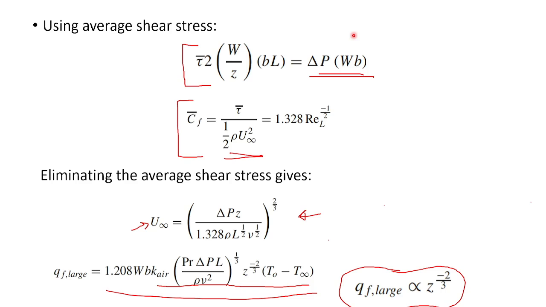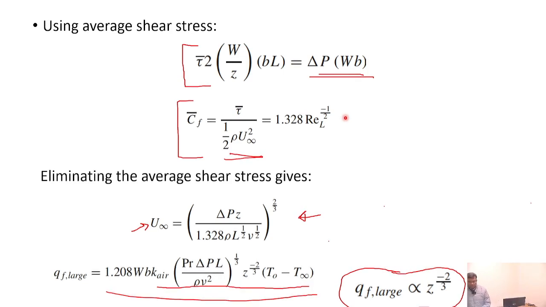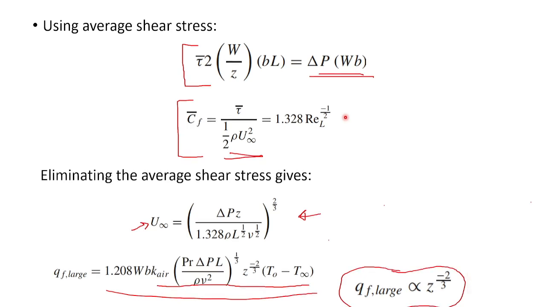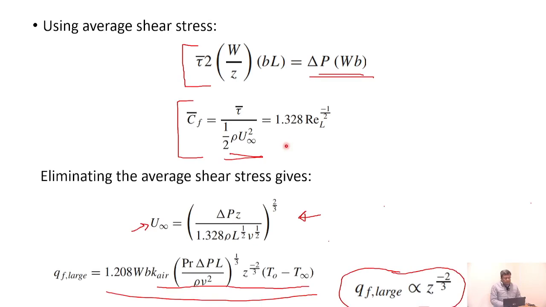Now, this tau, this correlation you have seen in undergraduate, isn't it? This can be derived, in fact. So, not exactly a correlation. This is 1.328. And the definition of this coefficient of friction is the shear stress divided by half rho u infinity square.